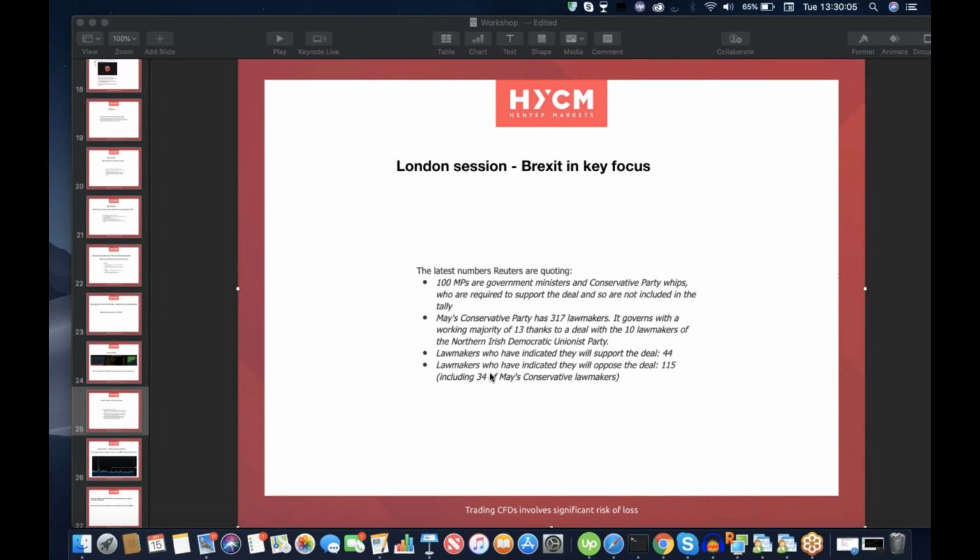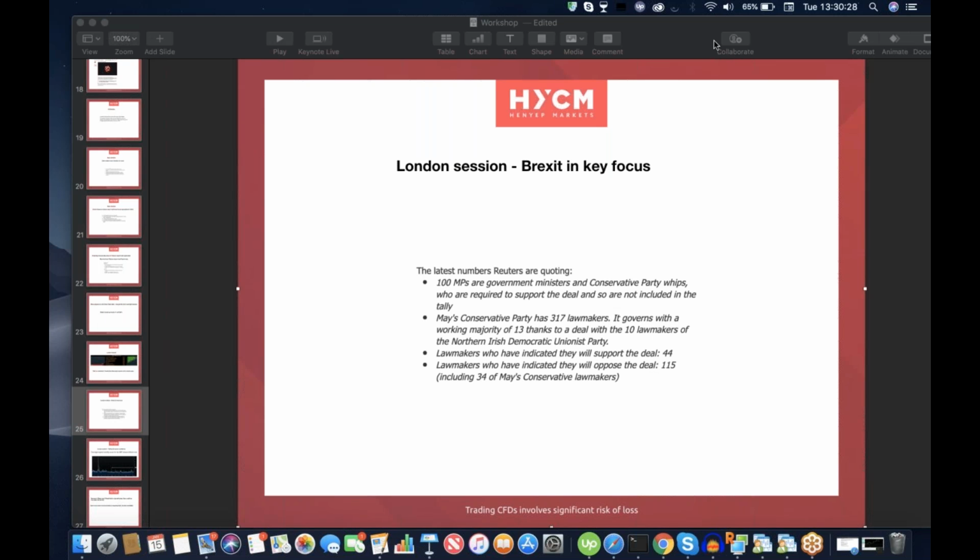But at the moment, opposition is 115, including 34 of May's Conservative lawmakers. So she's got a majority of 13, but 34 of her own party are going to be opposing the deal. So at the moment, she doesn't have a majority, and Theresa May is expected to lose the vote.